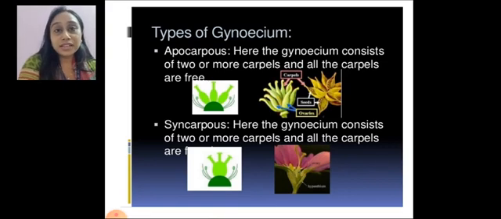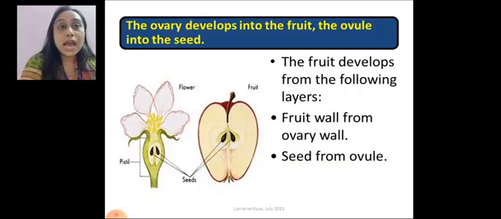Are they grouped together or are they free? If these carpels are free, we call them apocarpous flower. And the flower in which the carpels are fused, at least the lower part of the carpels, we call that the flower is syncarpous. Syn means fused and apo means free.